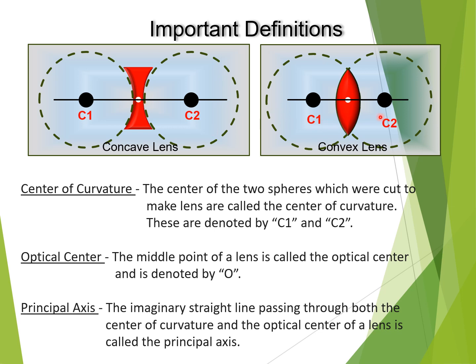Here also, both the centers of curvature and the optical center. This is imaginary because this is not a real line, but we can imagine a line passing through both the centers of curvature and the optical center. And this is known as the principal axis. This is very, very important because all the images and our object are going to be on this line only.